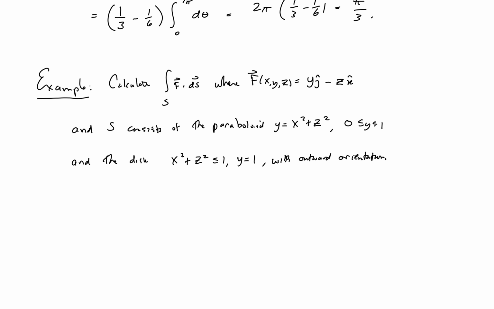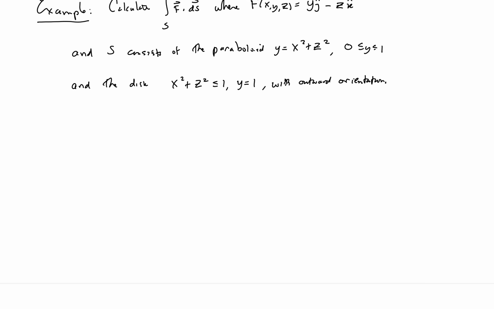So let's go ahead and start by graphing what this thing looks like. We're going to do our coordinate axes a little different than normal here. We're going to make this the y-axis because the paraboloid's opening in that direction, just makes it a little more how we're used to drawing it. So that would put x here and z here.